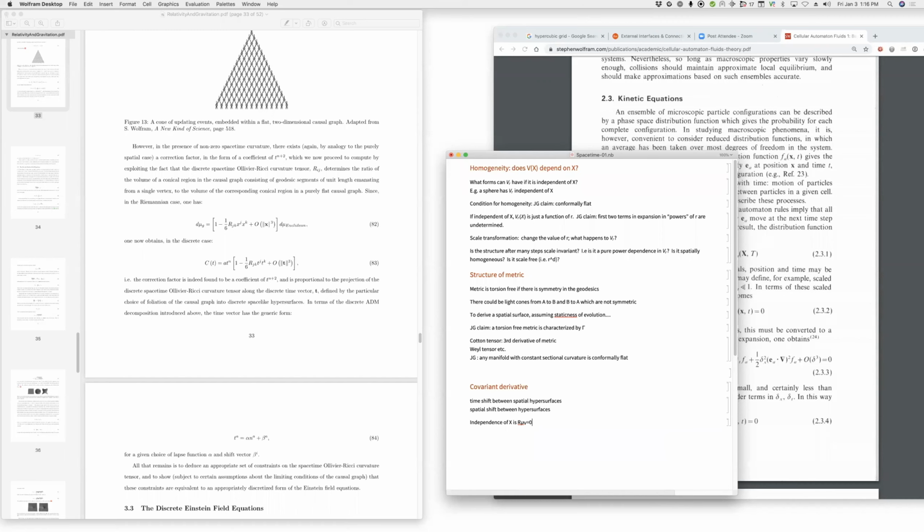Do we believe that? I don't think that's obviously correct. Wait a minute, because R doesn't have to be equal to 0. To be independent of X, you can still have a Ricci scalar, right? In the case of a sphere. But no, I think it's more complicated.